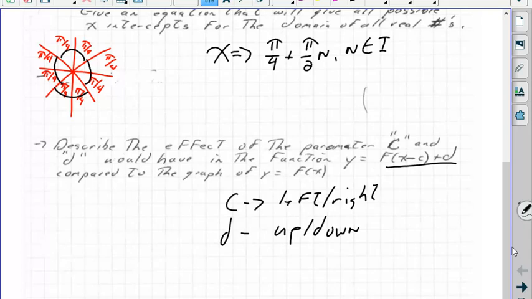Terminology, we have a horizontal translation for C, and we have a vertical translation for D. So what you said was fine. And I'm perfectly happy using horizontal and vertical translation.